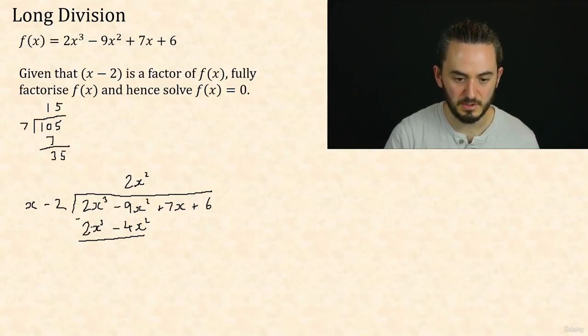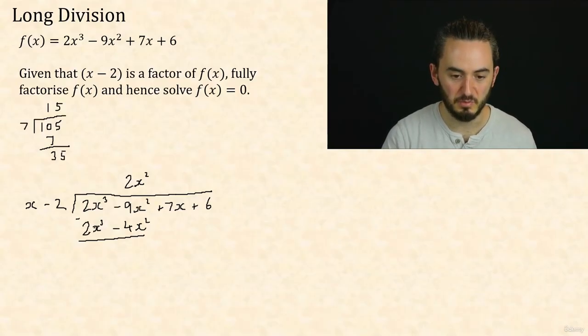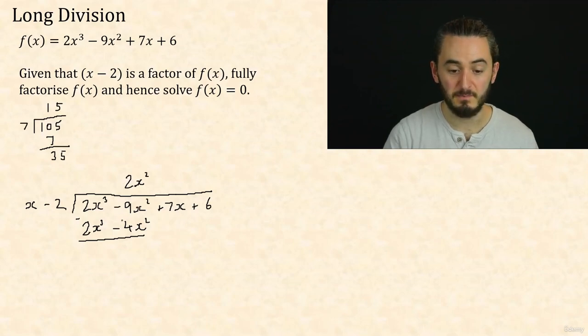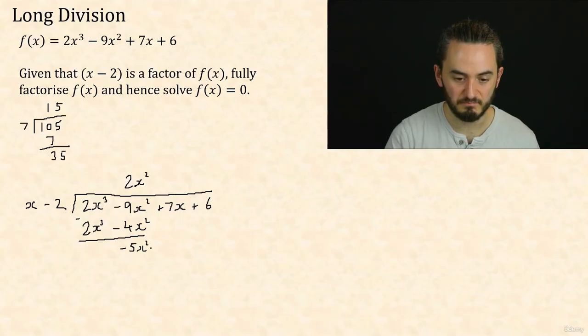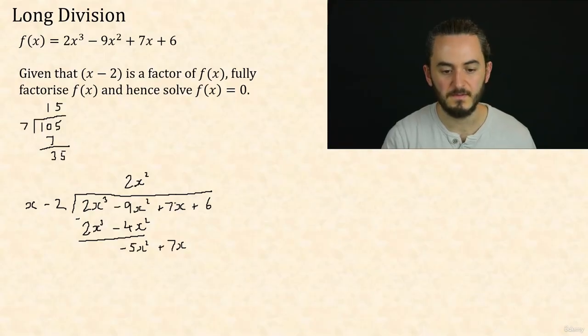So 2x cubed minus 2x cubed is 0. Good, that's the whole point. And minus 9x squared minus negative 4x squared is minus 5x squared. Drop the next term down, just like we dropped the 5 down here.